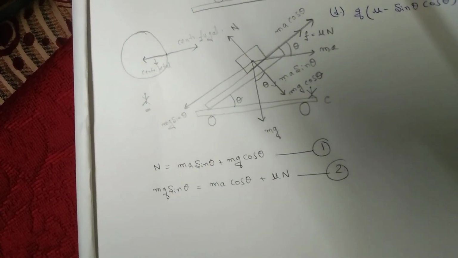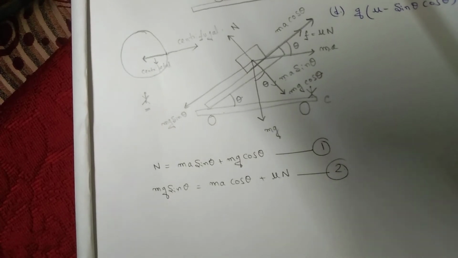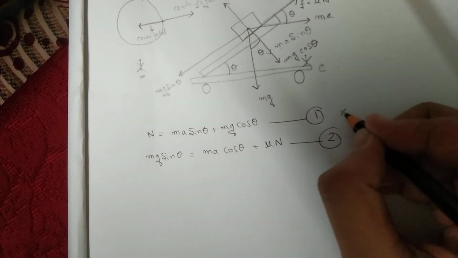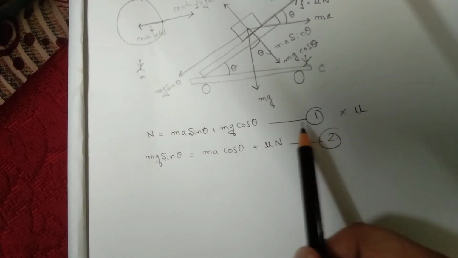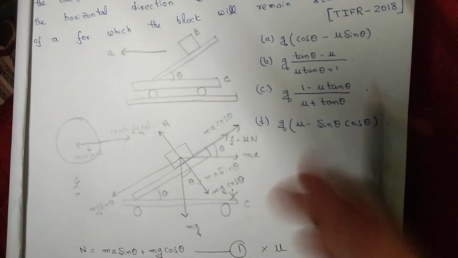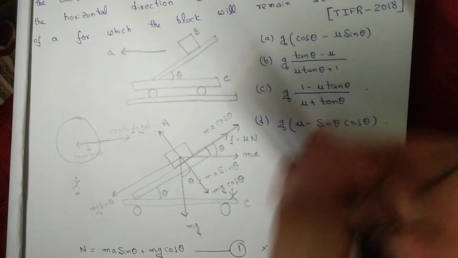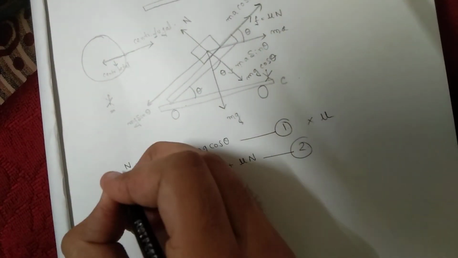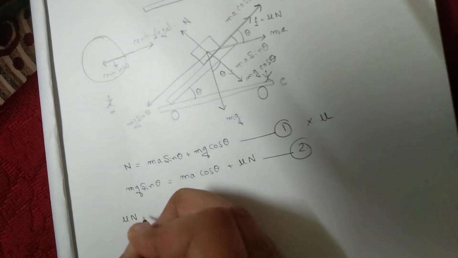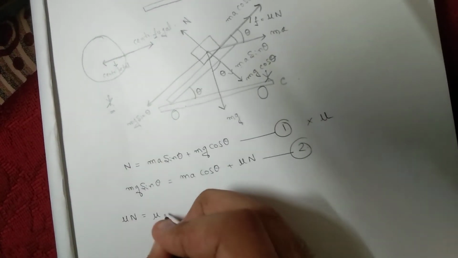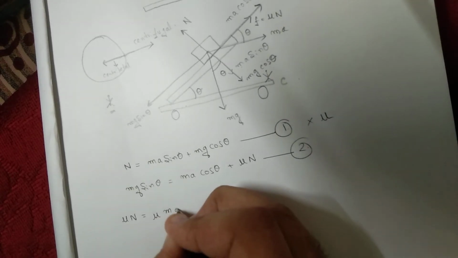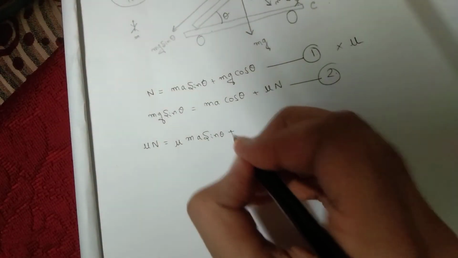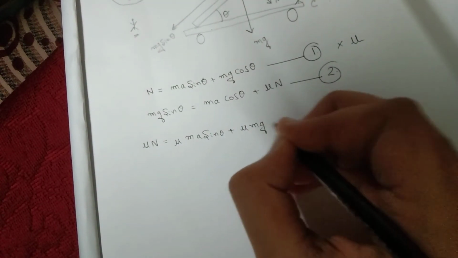You should pause the video and try the solution on your own. I am doing this for you. Let me multiply mu with equation number 1. As you can see, there is no term involving N in the options, so obviously mu N equals mu ma sine of theta plus mu mg cosine of theta.